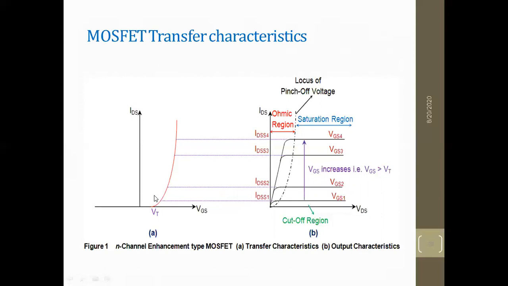If you go for enhancement type MOSFETs, they remain off at a zero volt gate voltage. That is our requirement. Therefore, the enhancement type MOSFETs are generally used as switching devices in power electronics.